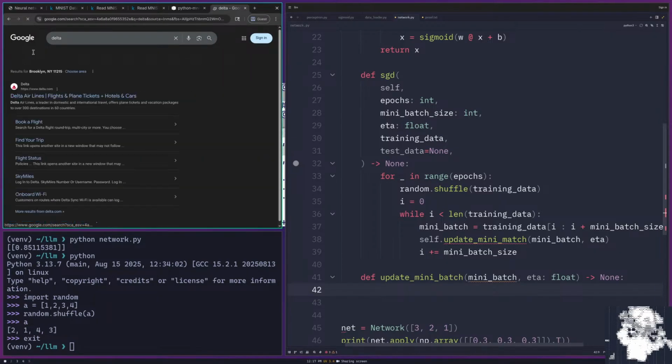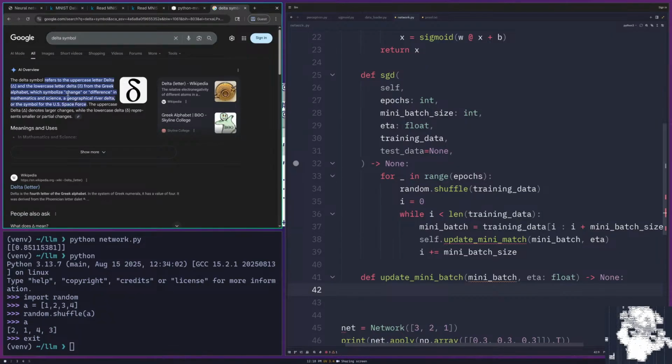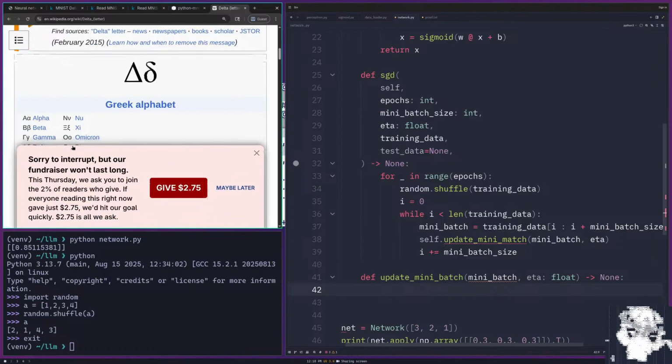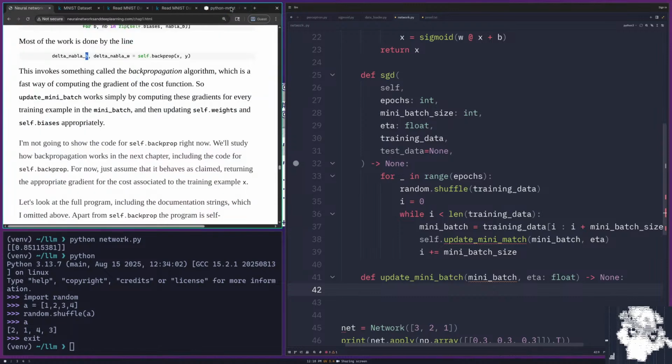Or what am I doing? Delta symbol. Okay, I guess I'm not sure what these B's and W's are.